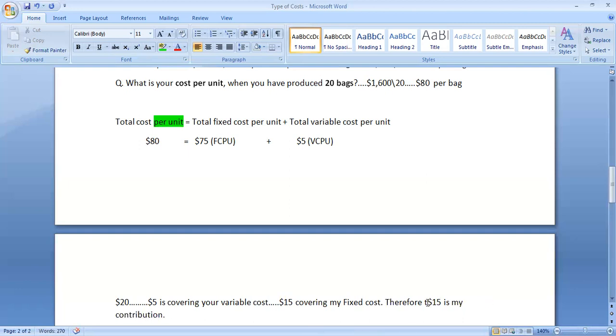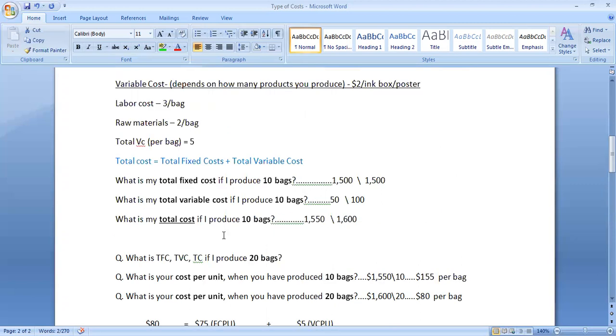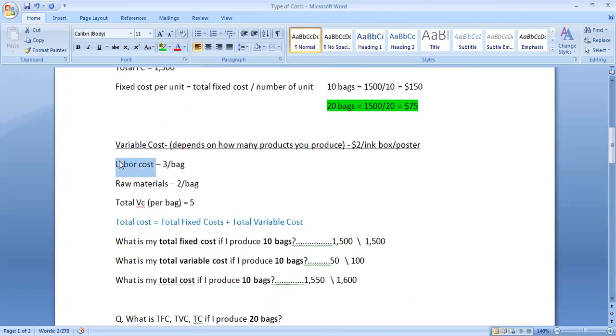So why are we calling this contribution? The reason is that many farms are worried about their fixed cost, right? Obviously your price must cover the variable cost, because variable cost is running expense. Variable cost means the cost that you pay to the labor. If you don't pay the labor, they will stop working and they will leave. And you need to buy materials from China. If you don't pay them, they will not supply you with the raw materials.